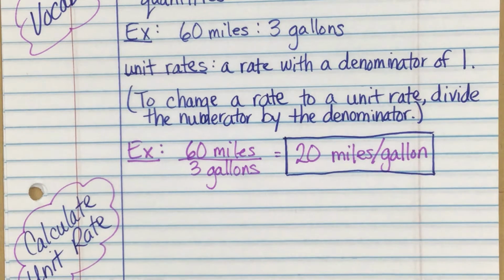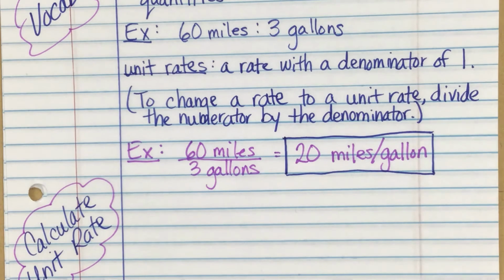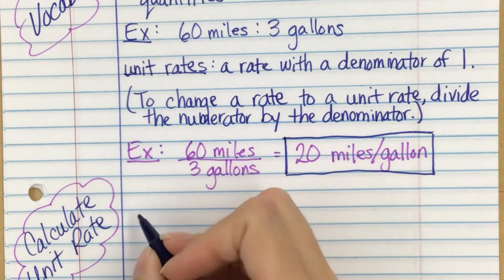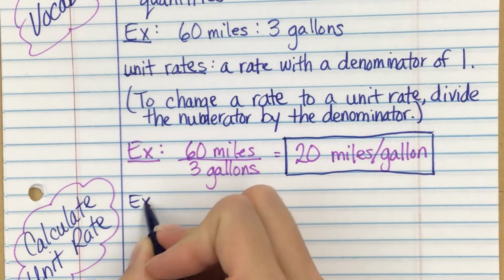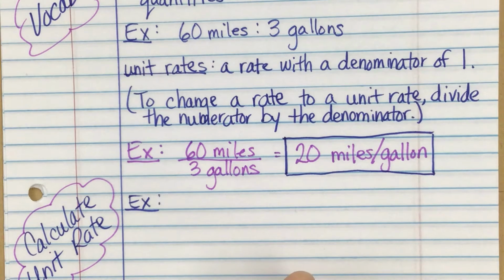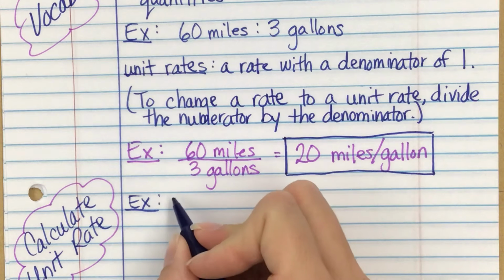So let's calculate unit rate. So I'll do one straightforward example, and then I'll do one that has some fractions in it, and then I'll have you guys practice. So let's do this.